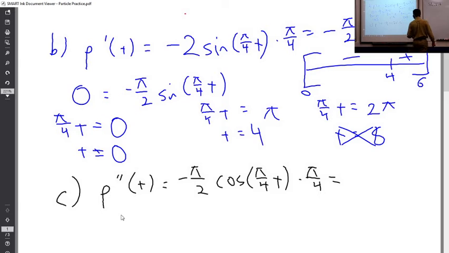The derivative of pi over 4t is pi over 4. So that equals, we got a pi squared over 8. It's negative. Times the cosine of pi over 4t.